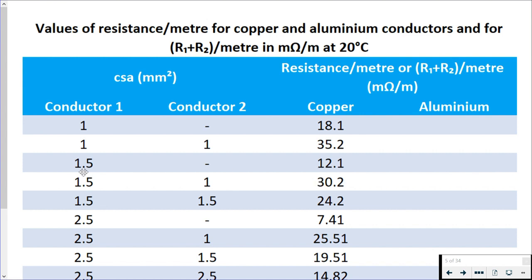If you look at the first conductor, the 1.5, 12.1, and you look at the 1 millimeter conductor at the top, all by itself, 18.1. If we were to add these two together, funnily enough, what would we get? 30.2 milliohms per meter. Yes, 12.1 plus 18.1 gives us 30.2, and it's that simple.